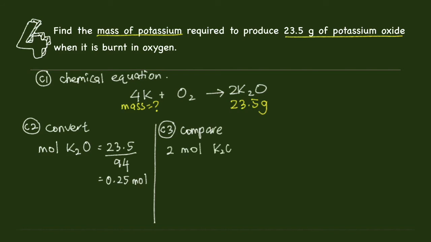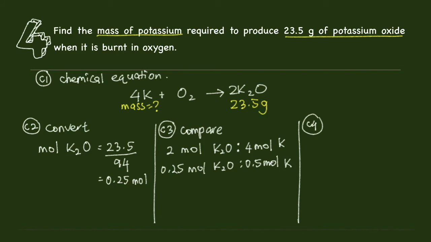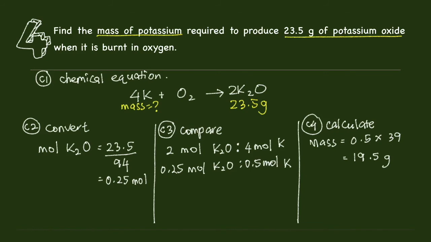Based on balanced chemical equation, 2 mole K2O ratio to 4 mole of K. Based on calculation, 0.25 mole K2O ratio to 0.5 mole of K. Next step is C4. Calculate. The mass of potassium is 0.5 times molar mass of potassium, which is 39, equal to 19.5 grams.